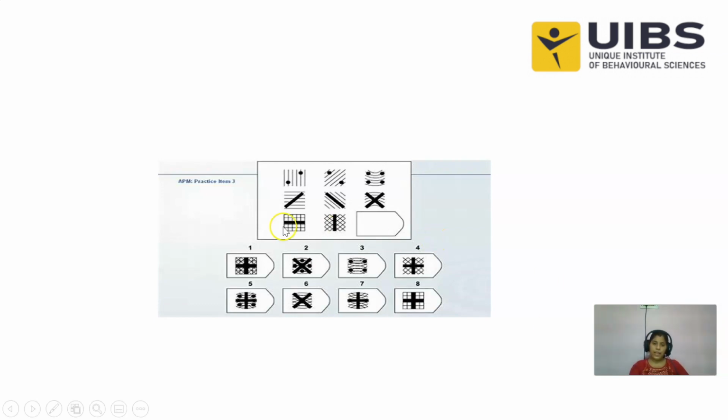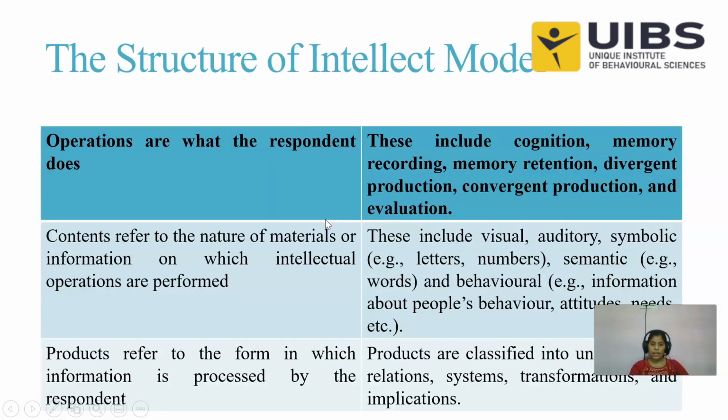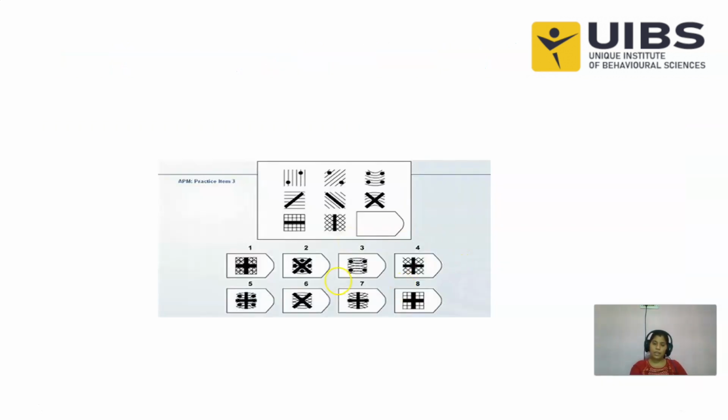So people first have to perceive this structure very carefully to know the relation between each element, and have to think, use logic and reasoning to find the correct solution. So that is the operation part. Then the content, the nature of material that we are using, is visual, as we are perceiving these pictures. We are seeing this picture, so the nature of material is visual.